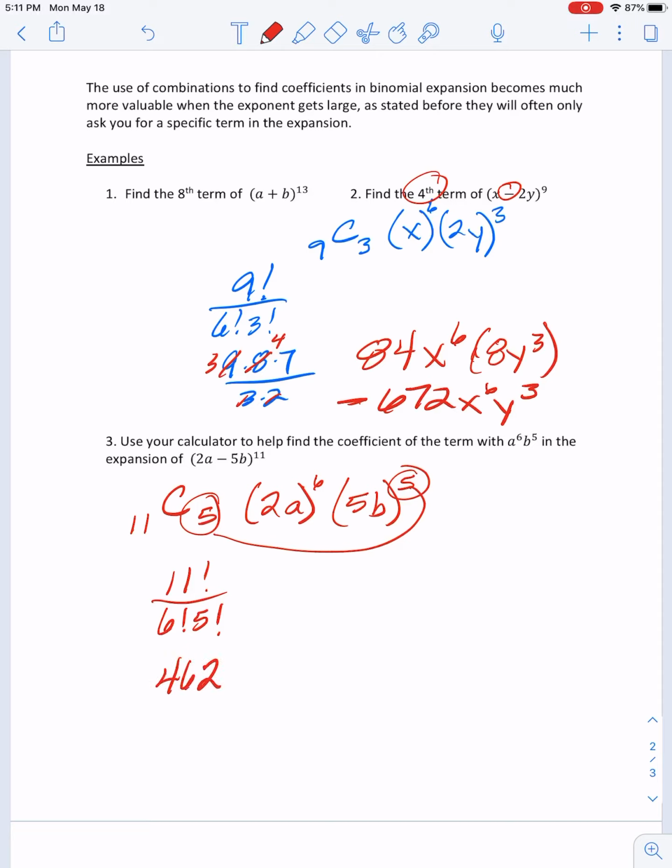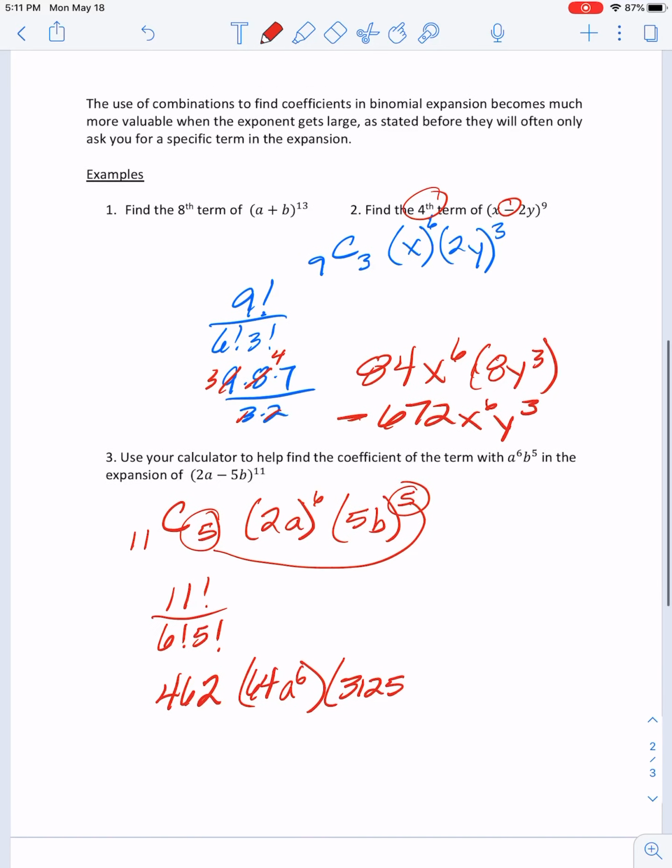Okay. Now you will have to figure it out from there. You know you're going to get an a to the 6th, but 2 to the 6th power is 64, and 5 to the 5th power, since you're working on a calculator, is 3,125. So now multiply all that together, whoops, forgot to do the b to the 5th.